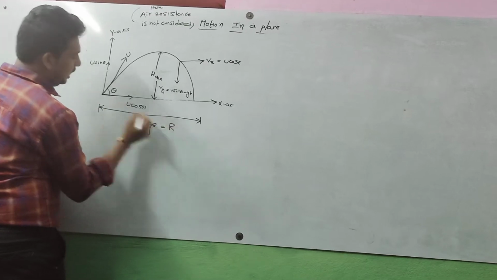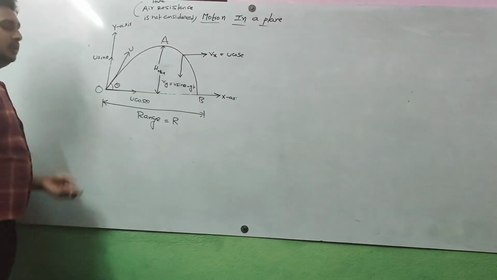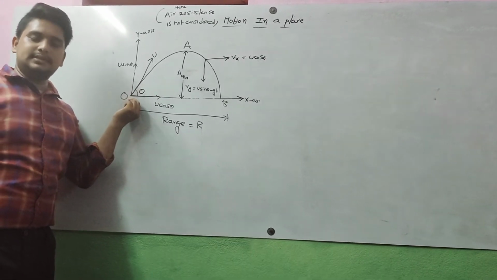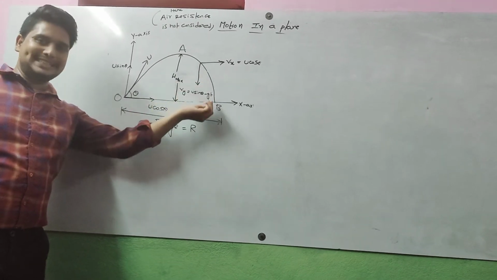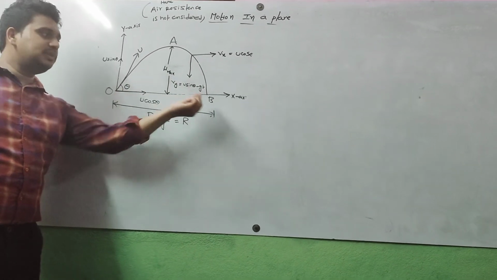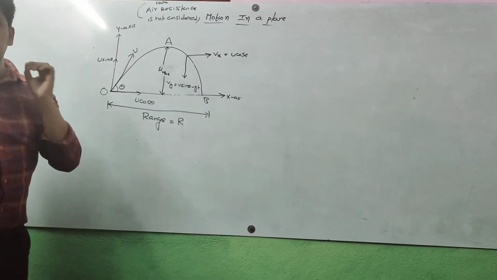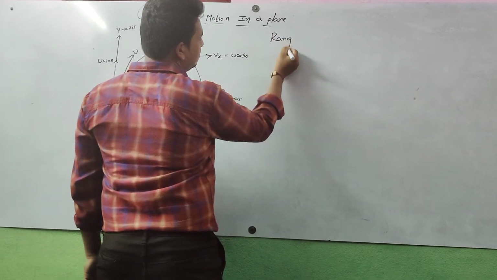Range is equal to R. This is O, A, B. The distance between the point from which the body is projected and the point where the body touches the ground is called the horizontal distance or range. So here is the definition of range.